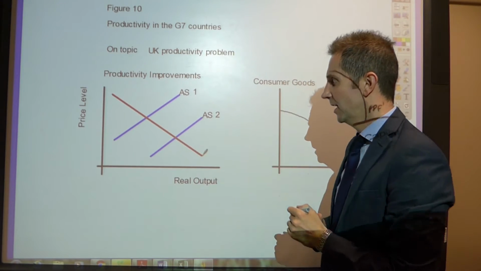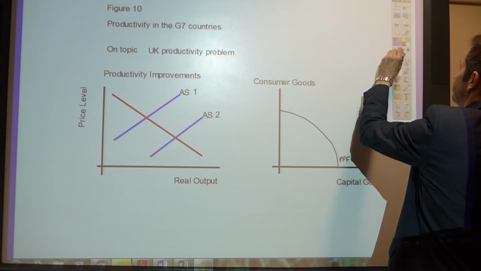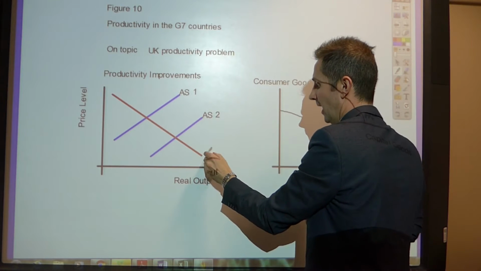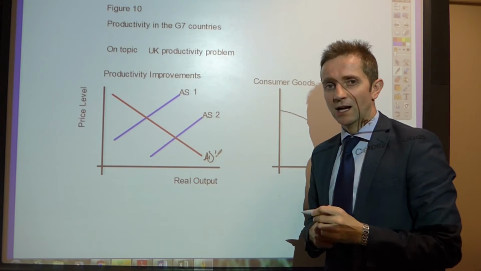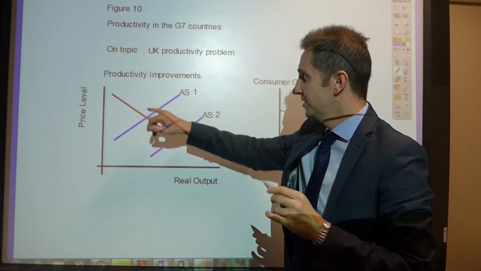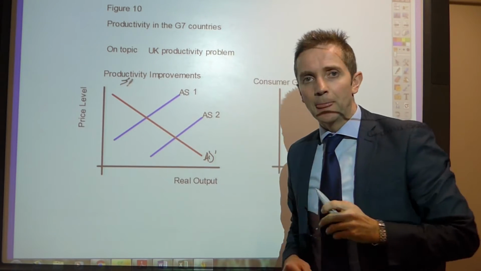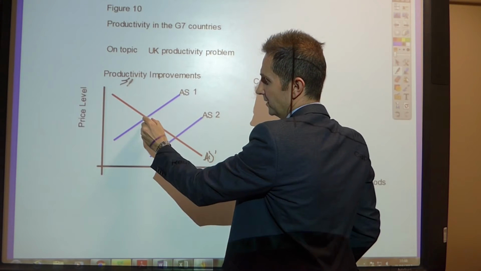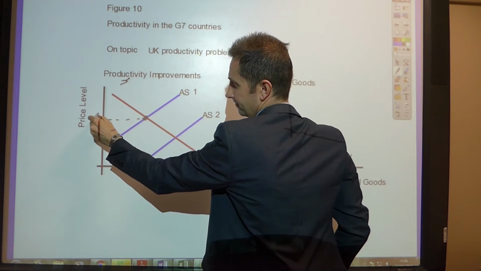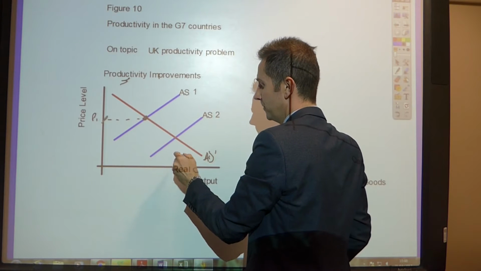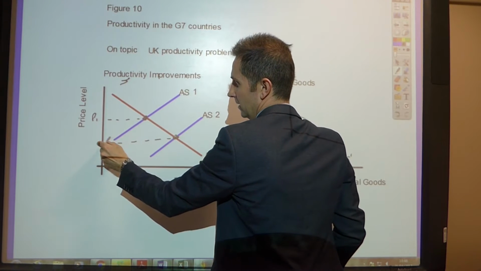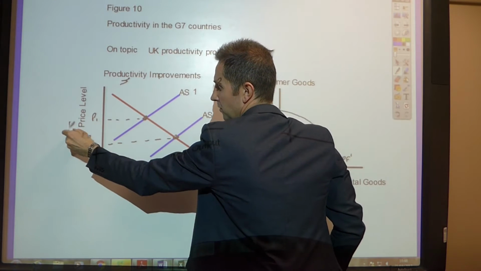So let's add an aggregate demand curve, and let's now analyse this to see what's happened as a consequence of, in this instance, productivity improvements. So we can see that the price level drops from P1, initial equilibrium, to P2, final equilibrium.